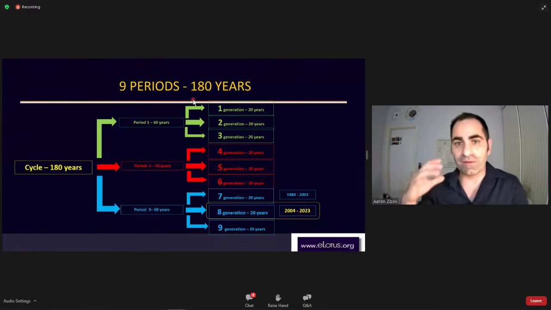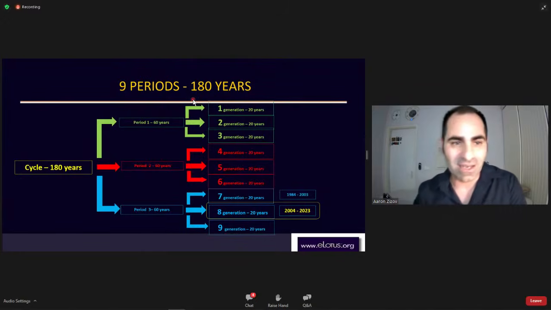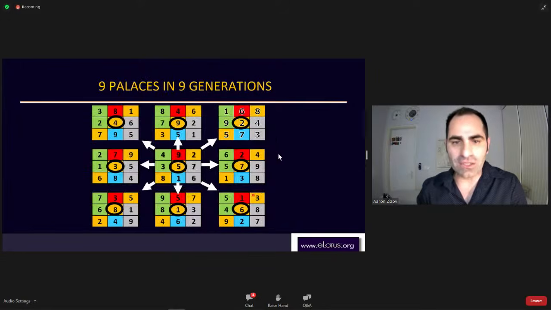So we have a period of 180 years, which is divided into 60-year periods, and each period is divided into 3 generations of 20 years each. So now we are in the 8th generation, of the 3rd period. Okay, so 2004 to 2023.